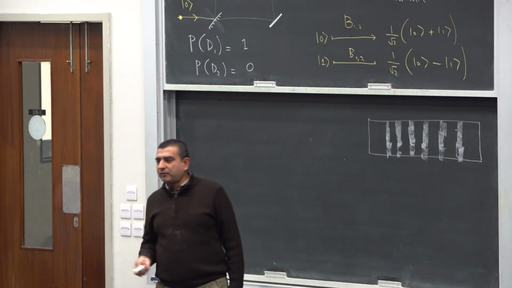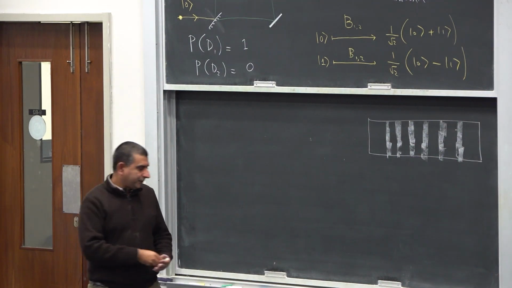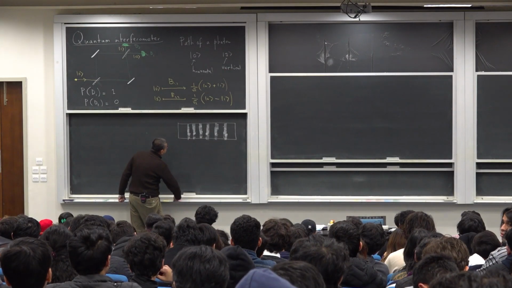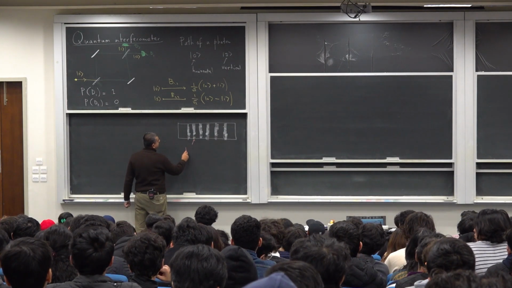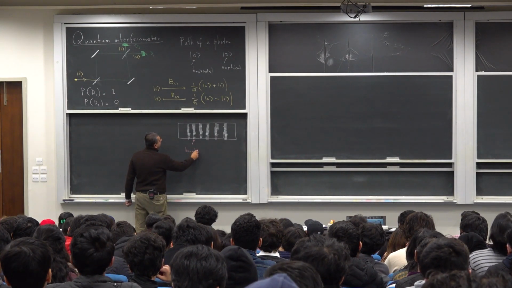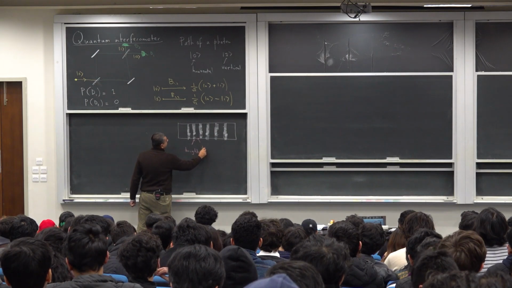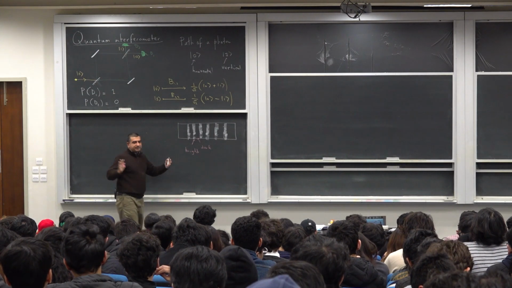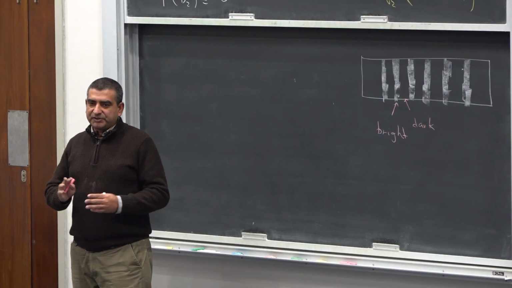That's your common notion of interference fringes. So you have some areas that are bright and some areas that are dark. And you have these two regions interlaced with respect to one another.